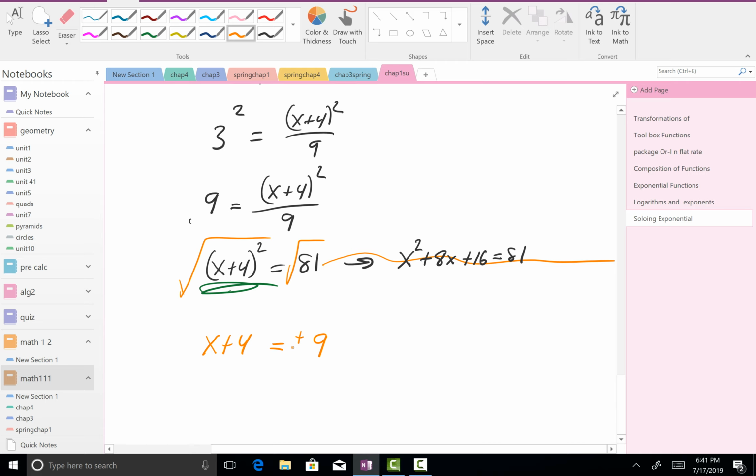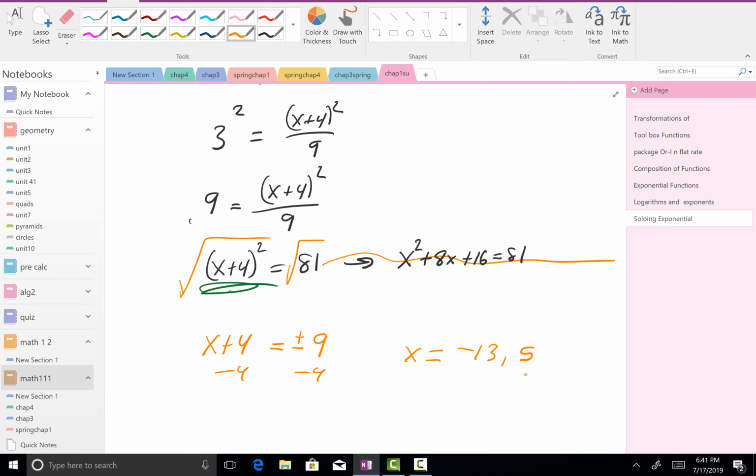So this is going to be a plus or minus though, and then subtract 4. You know it's going to be a plus or minus. How do I know? Because when you square root a number like this, it could be -9 or +9, because -9 squared is also 81.